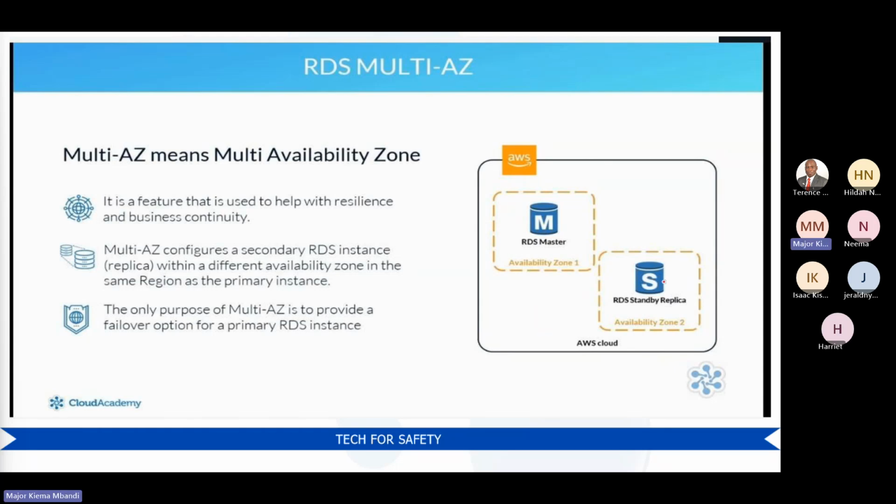So in case of an outage of this one, this one will also be promoted to master, and then the process goes on, making sure that multiple copies of DBs are being run in a region.